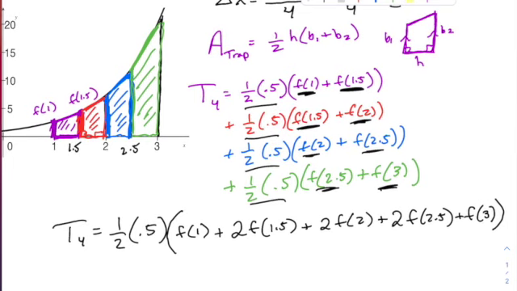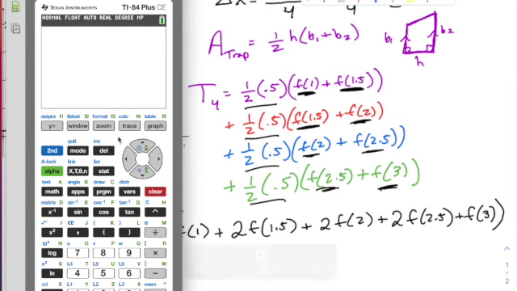And so doing something like this, like with my rectangles, I'm going to use the calculator here, and I'm going to type it in an abbreviated form. I put e to the x in y1 again, just to be clear.